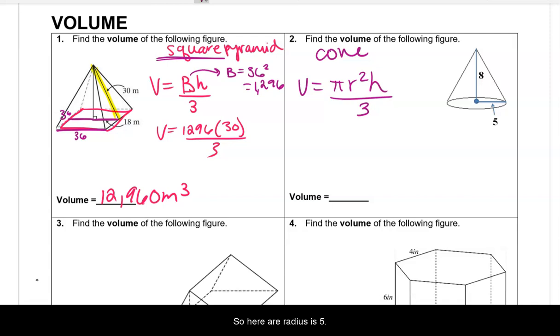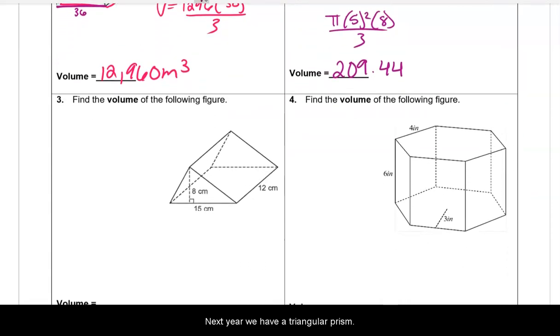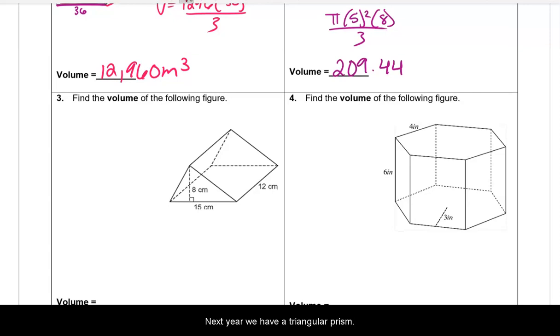So here our radius is 5, so 5 squared, and our perpendicular height is 8, divided by 3. Put that in our calculator and we get 209.44. Awesome.